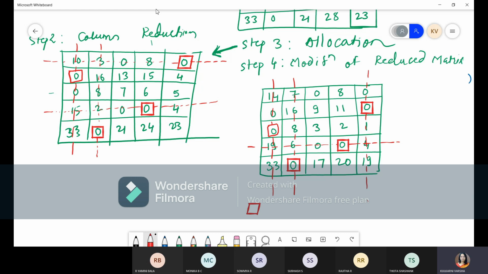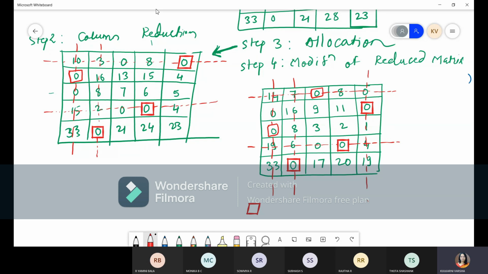Fifth row, there is no zero. Now, row wise over, go for the column wise. So, third column, there is single zero, allocate it and cancel the row. Right?